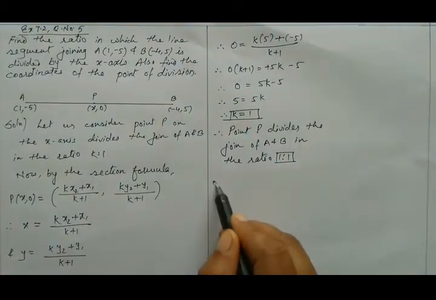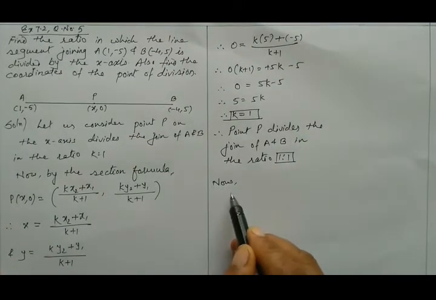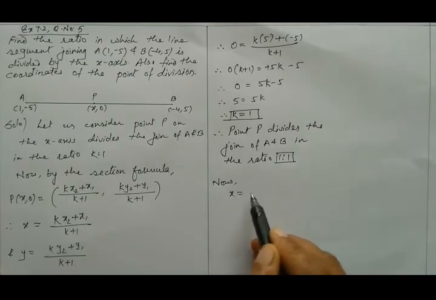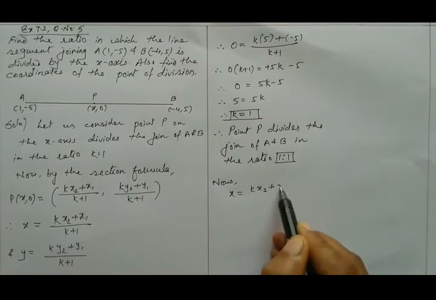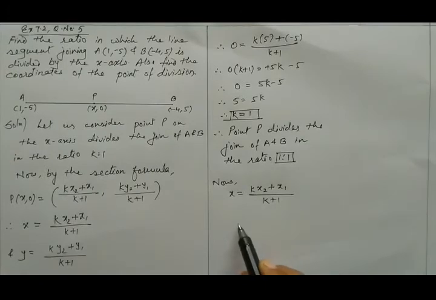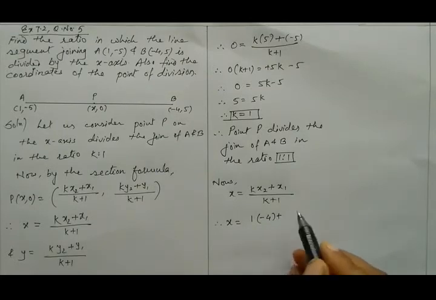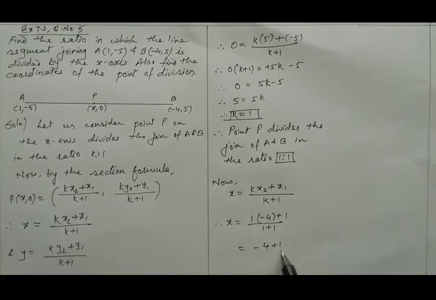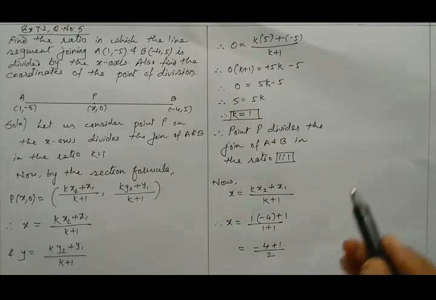Now you find x is equal to, from here we can take, (kx2 + x1) upon (k + 1). So x is equal to, k is 1, 1 multiplied by x2, x2 is minus 4, plus x1, x1 is 1, upon k plus 1, k is 1, so 1 plus 1, so (minus 4 plus 1) upon 2.